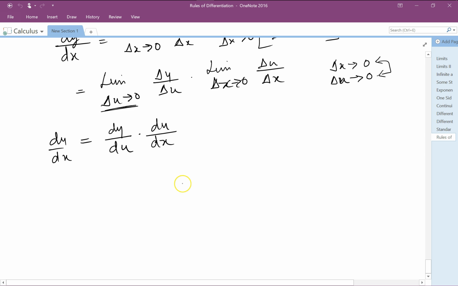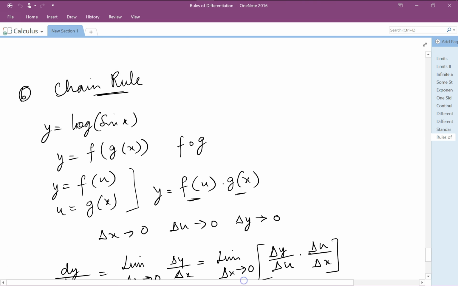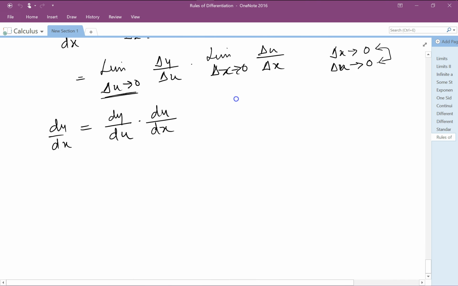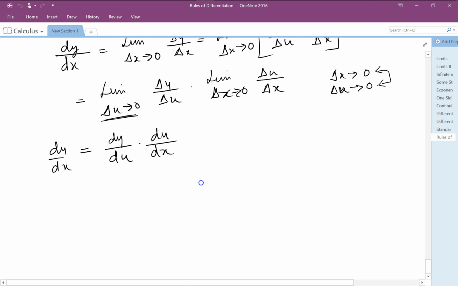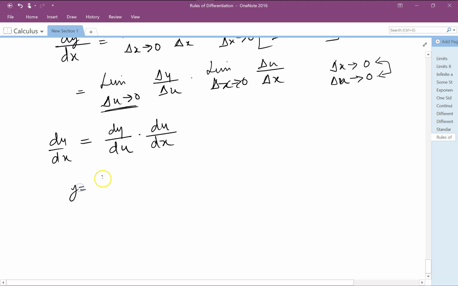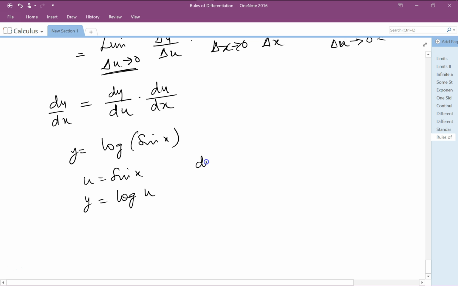Let's take that example. So what is the example we have? Y is equal to log of sine x. Now we can write it as u equal to sine x, y equal to log u. So du by dx is equal to cos x. dy by du is equal to what?